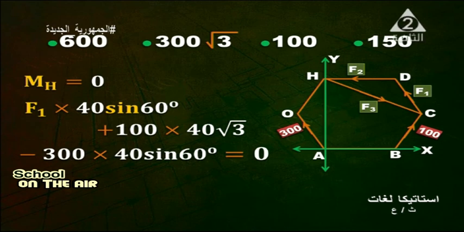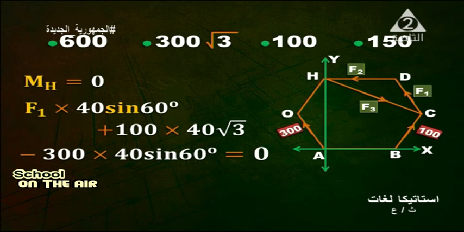Why moment about H? Because the moment about H helps me to calculate F1 without using F2 and F3. When we find the moment about H, F2 and F3 act at point H so their moment equals 0, but F1 does not act at H.